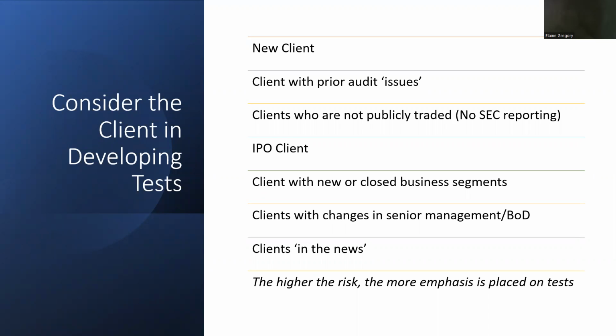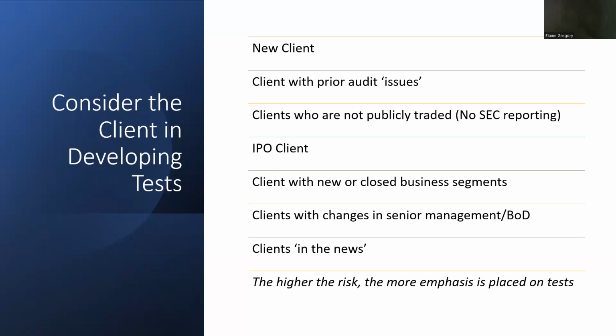Also consider the client when developing your tests. Is it a new client? You'll probably have more substantive tests in cash. Do you have an existing client who has prior audit issues? They may not have risen to the point of material weakness, but there's something to be on the watch for.